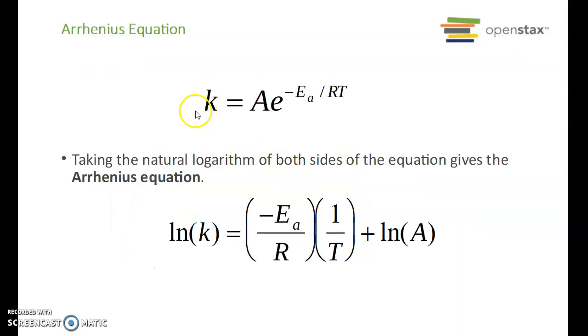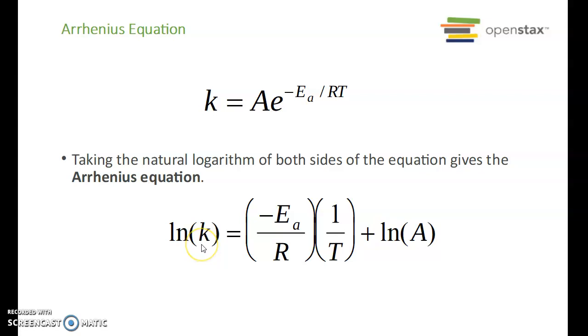So this equation is called the Arrhenius equation. And what you can do is you can take the natural log of each side of this equation to give you something that can look more like, at times, a linear function. This right here, the log of this A factor, will be your intercept.